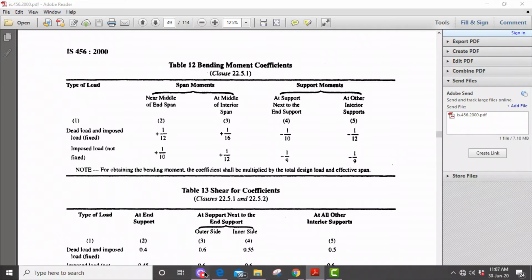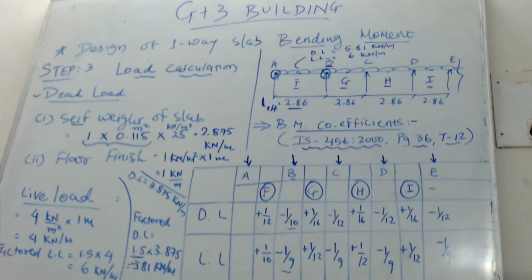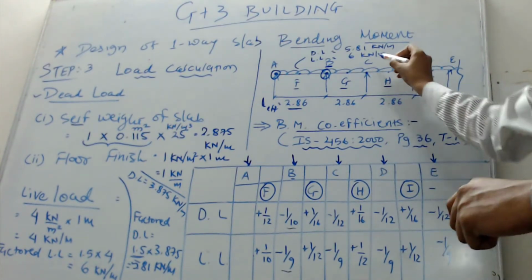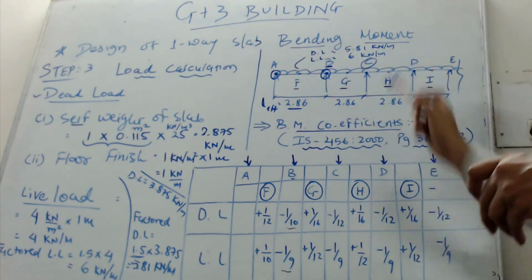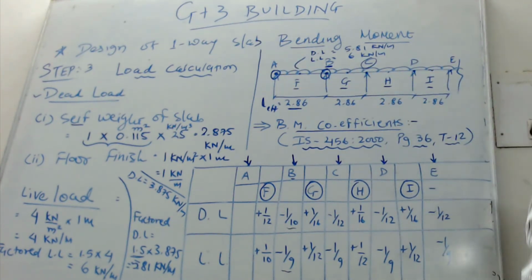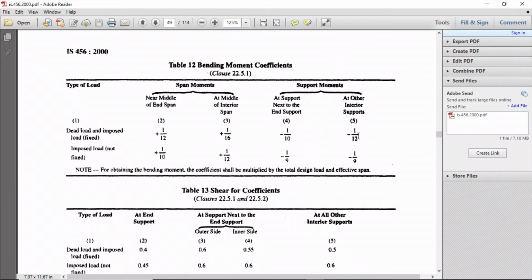This is my point C. It comes out to be an other interior support, and for that the values will be minus 1 by 12 and minus 1 by 9. Let's verify in the code: minus 1 by 12 and minus 1 by 9. These values are for point C.